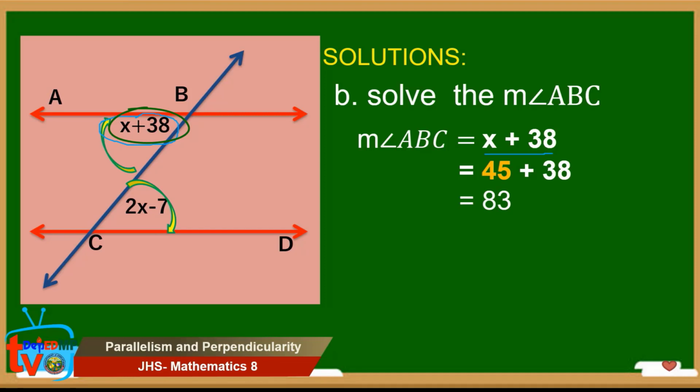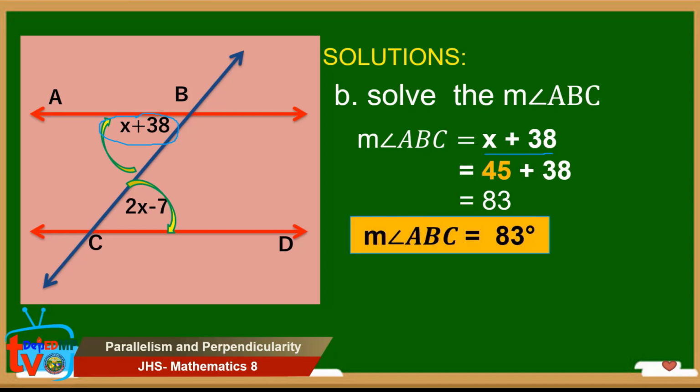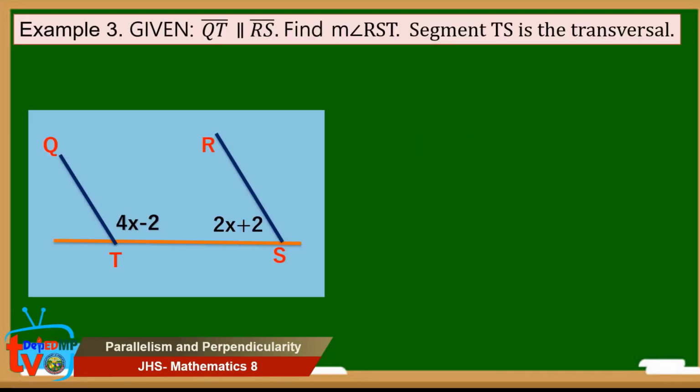Therefore, the actual measure of angle ABC is equal to 83 degrees. Let's consider a more challenging problem. Look at example 3. In example 3, the given is line segment QT is parallel with line segment RS. Our problem is to find the measure of angle RST.